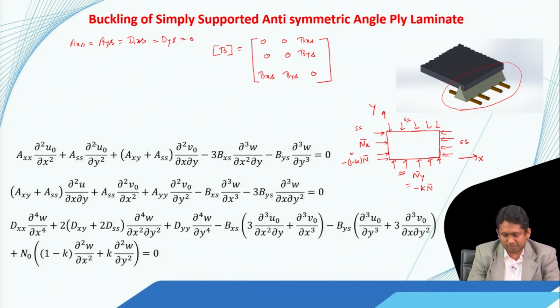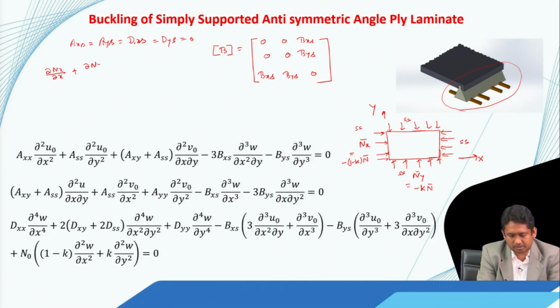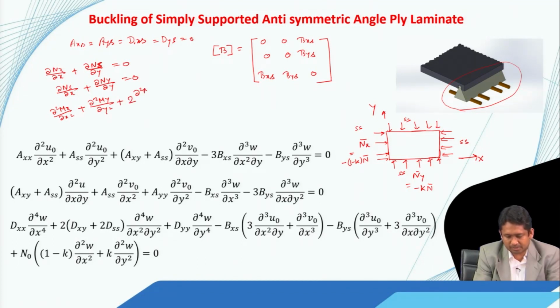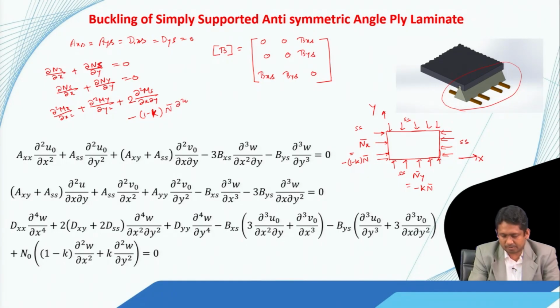Now, if we put everything in the differential equation, we know the differential equations. We have del Nx by del x plus del Ns by del y equal to 0, and we have del Ns by del x plus del Ny by del y equal to 0, and also we had del 2 Mx by del x2 plus del 2 My by del y2 plus 2 del 2 Ms by del x del y, and then, if I just put everything here in terms of k and n bar, minus (1 minus k) n bar del 2 w by del x2 and minus k n bar del 2 w by del y2 equal to 0.